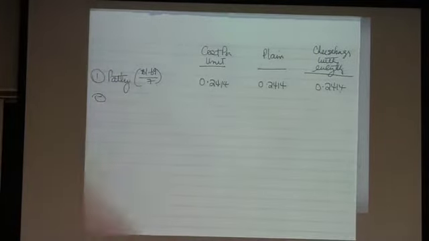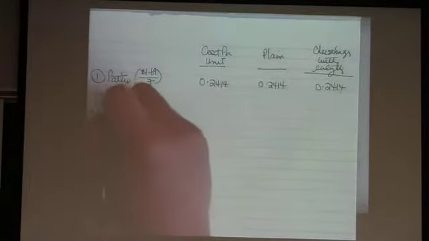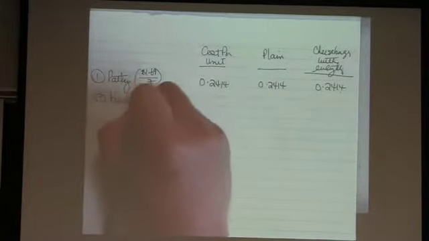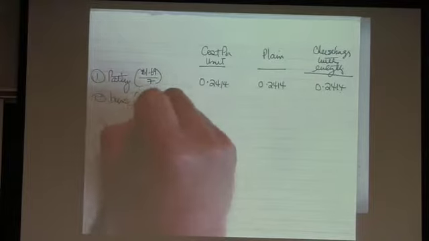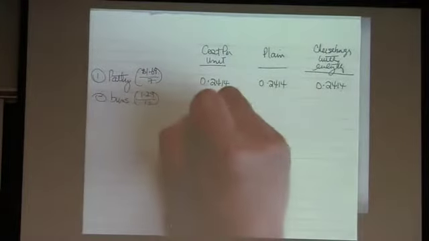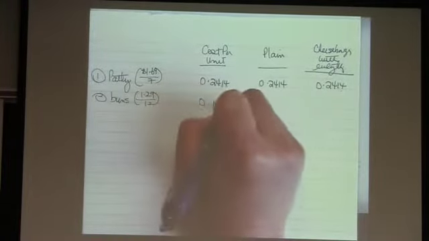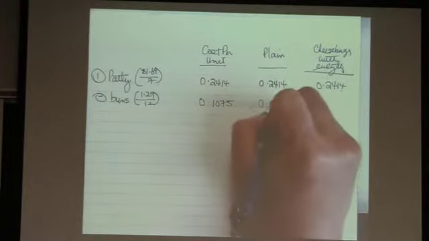Now, it says here the hamburger buns were purchased at $1.29 a dozen. So $1.29 divided by 12, dozen is 12, 0.1075 is the cost of the buns.